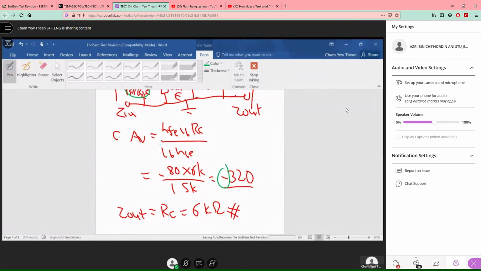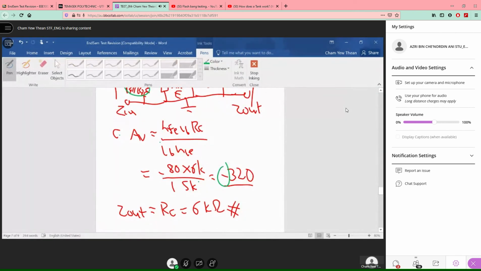Anything else about this question, class? Anything you wish to clarify about question 3 on BJT? Can get it? Class, anything you wish to clarify?